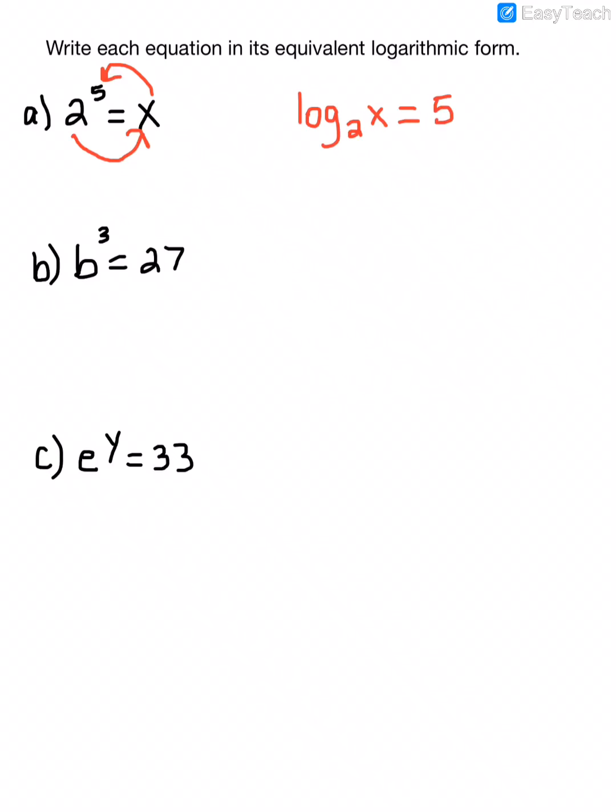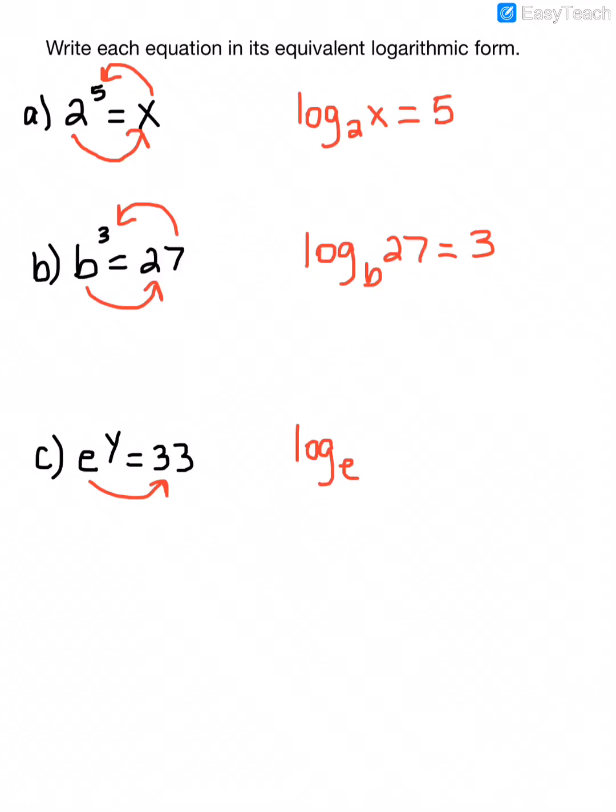For the next one, we have b to the 3rd power equals 27. The base of my exponent is b, so the base of my logarithm is going to be b. So log base b of 27 equals the exponent, so it equals 3. And then the last one, my base is e, so log base e of 33 equals y.